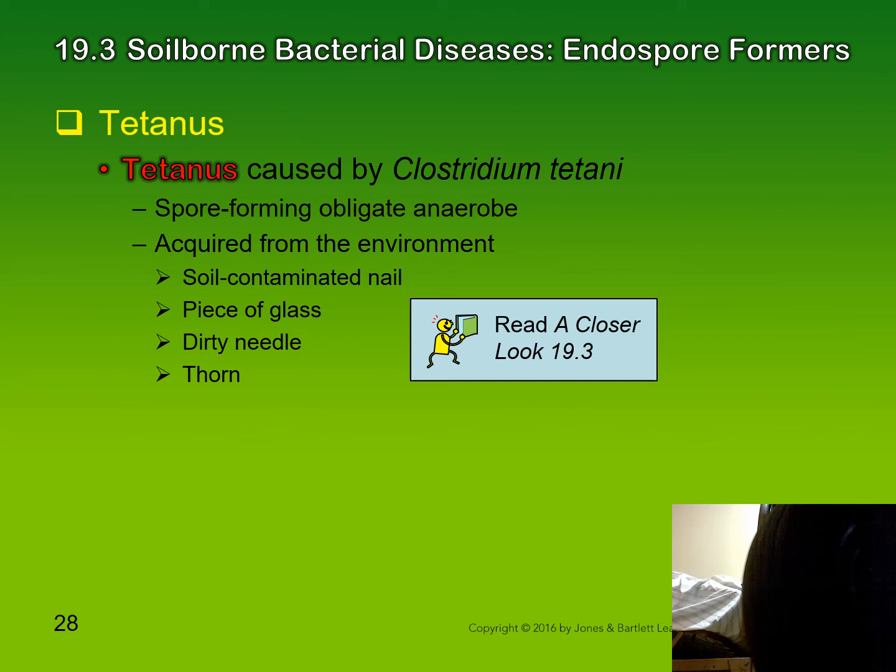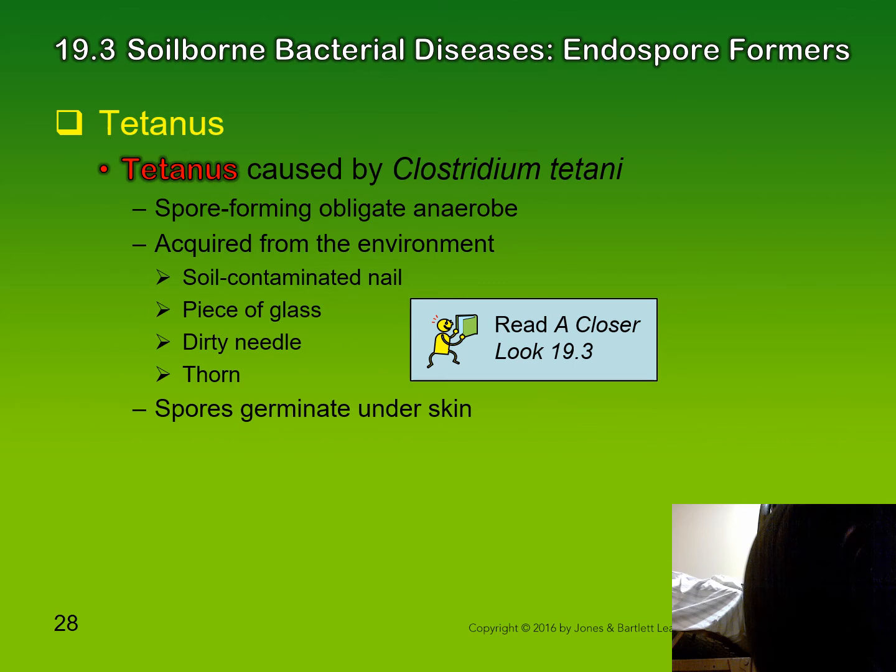Okay. It definitely also can be from something more natural, like a thorn on a rose bush, which can cause the skin injury that will get the spores into the body. Okay.